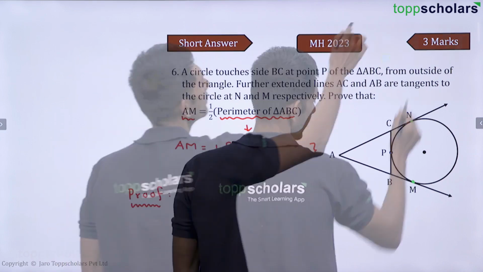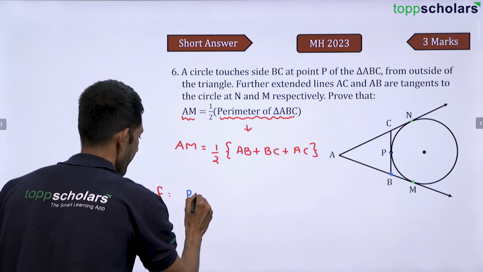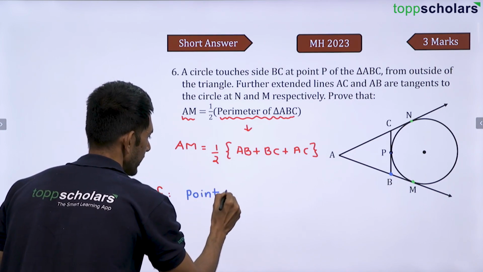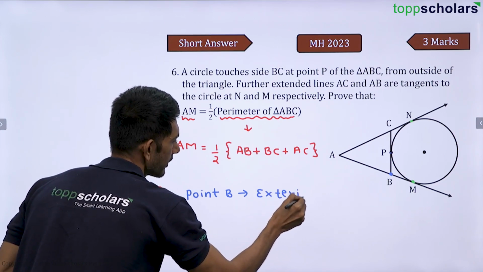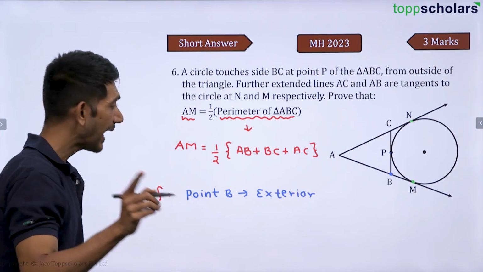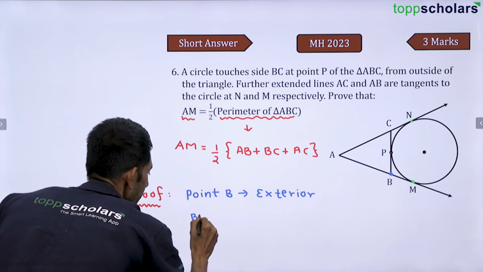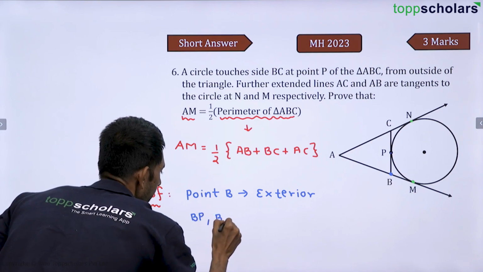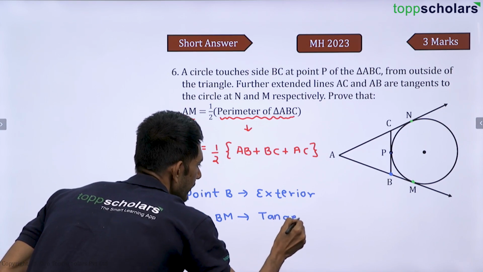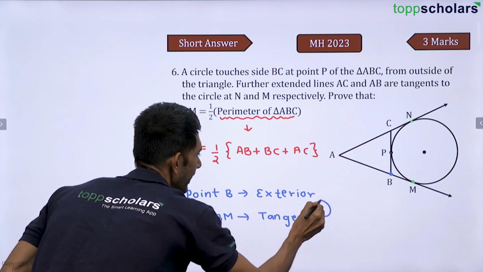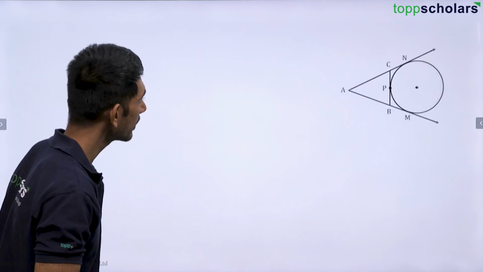If you see this circle, can I say point B lies in the exterior, correct? And BP and BM are tangents. They are tangents. So what is the relation of the tangents drawn from the external point? We know that the tangents drawn from external point are equal.